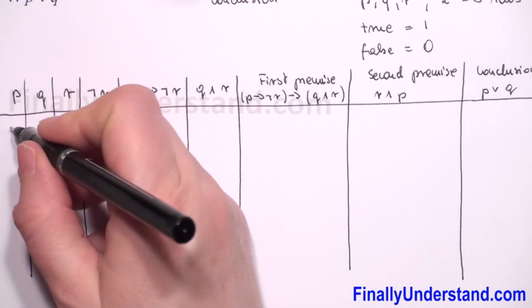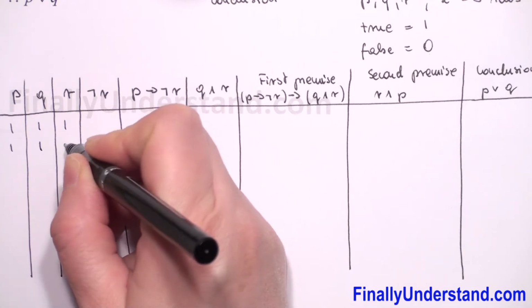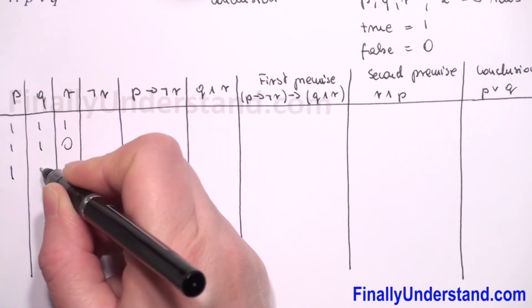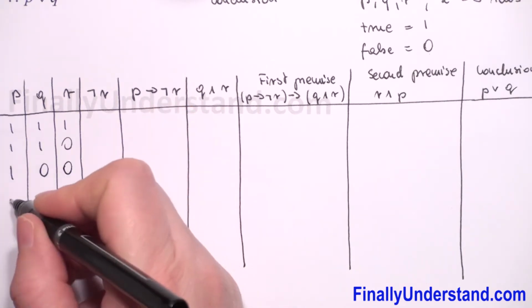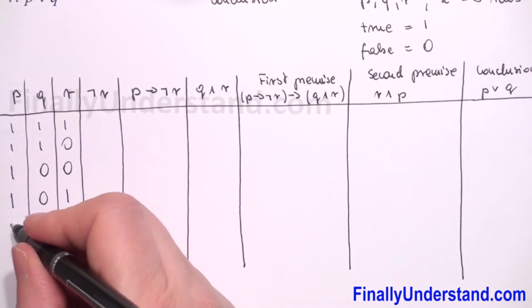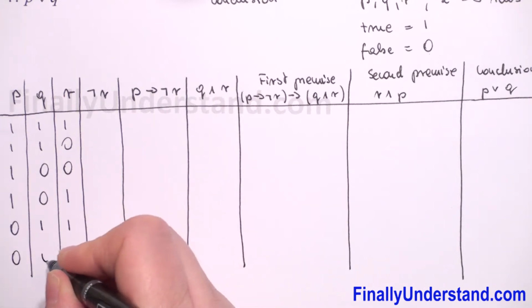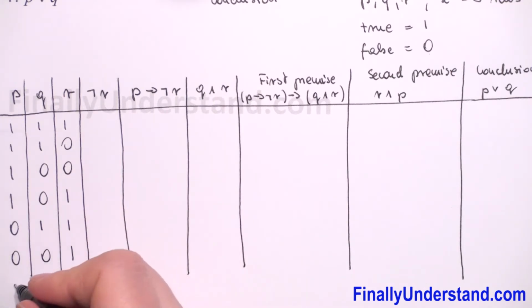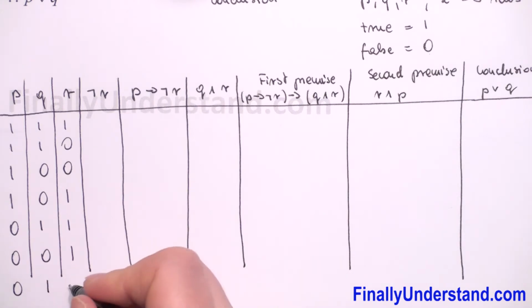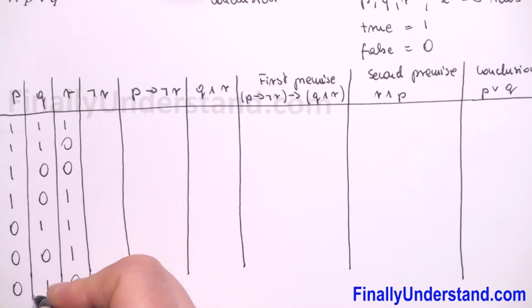So we have 1, 1, 1, 1, 1, 0, 1, 0, 0, 1, 0, 1, 0, 1, 1, 0, 0, 1, 0, 1, 0, and we have 0, 0, 0.